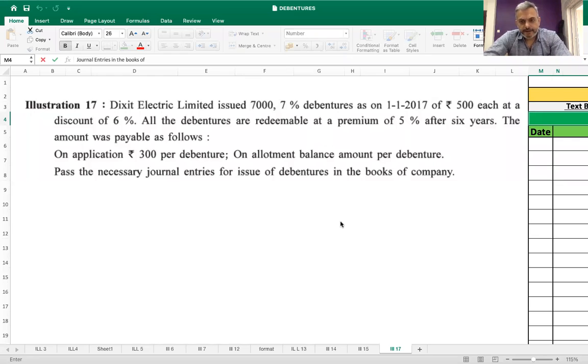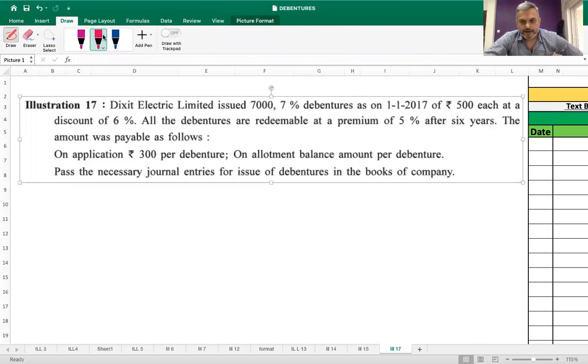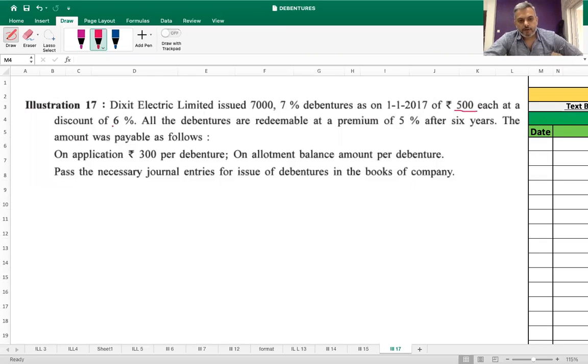Dixit Electric Limited issued 7,000 7% debentures as on 1/1/2017 of rupees 500 each at a discount of 6%. So your debentures are of rupees 500, so 500 is the face value of debentures, and discount is 6%, so 30 rupees.